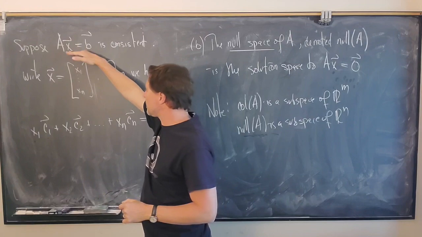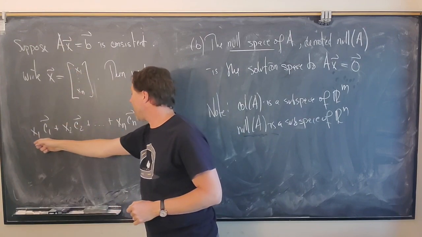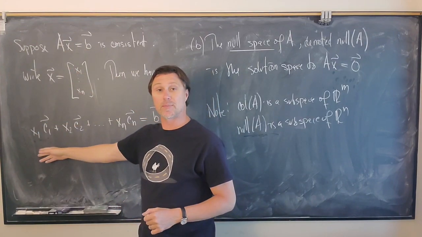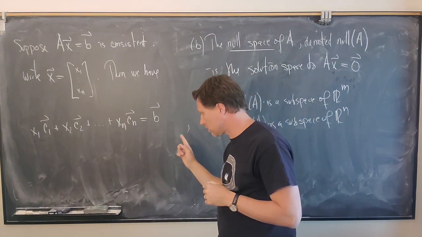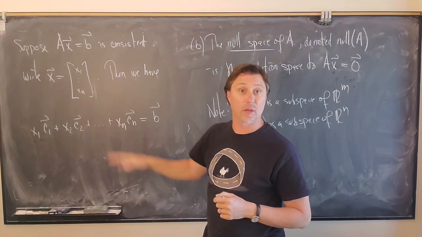When it's consistent, B can be expressed as a linear combination of the columns of A. In other words, B lies in the column space of A.